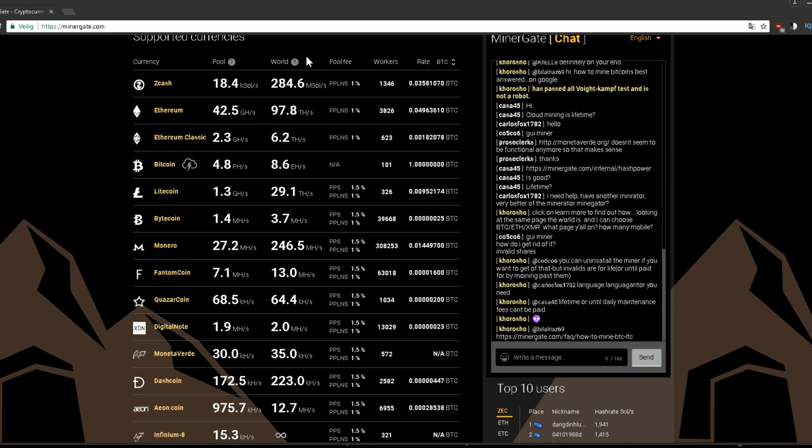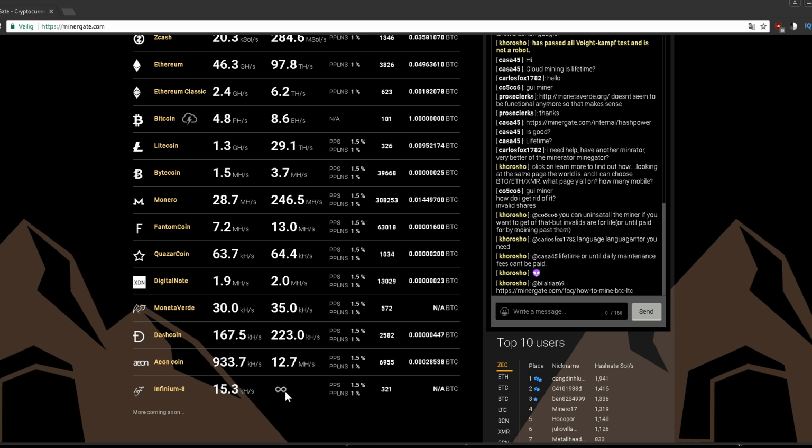So these are interesting bits of information that can help you know what is hot, what is not, and it can also tell you a lot. For instance, you see here Infinium 8. Now there's this item here, I don't know what that means exactly, but there's no world hash rate perhaps, or it cannot be measured.